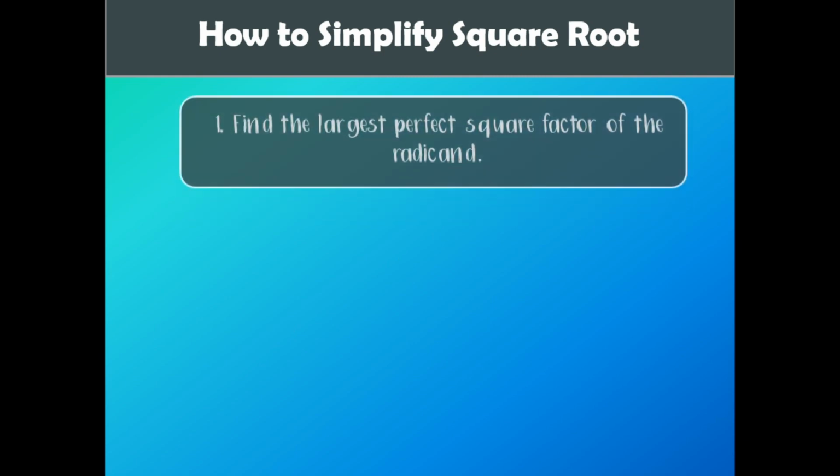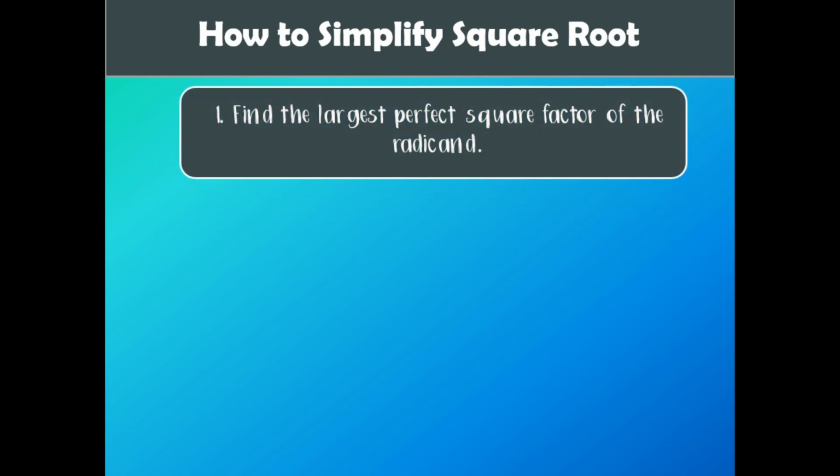Step number 1, find the largest perfect square factor of the radicand. So, ibig sabihin, kukunin natin yung factor ng 12. So, for example, ang 12, ang factor niya is 6 times 2. Okay? So, meron bang perfect square sa factors ng 12? 6 times 2? So, wala, right?